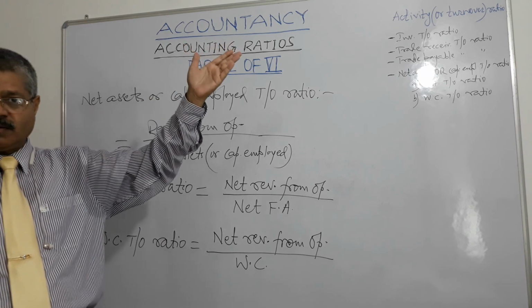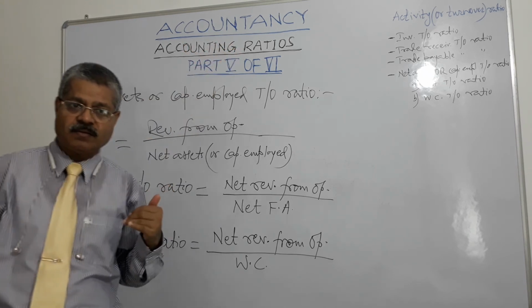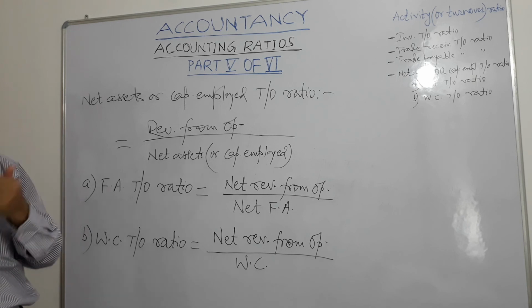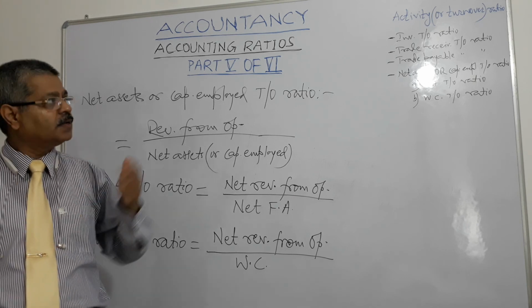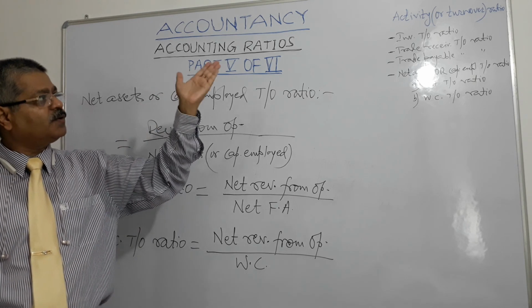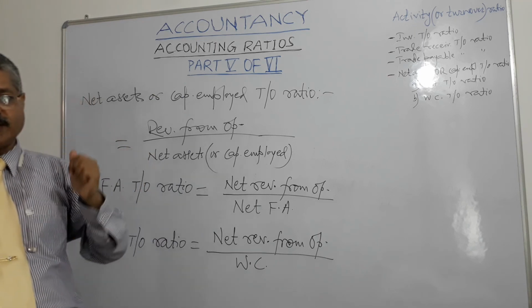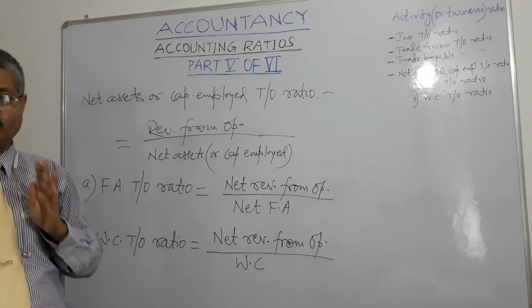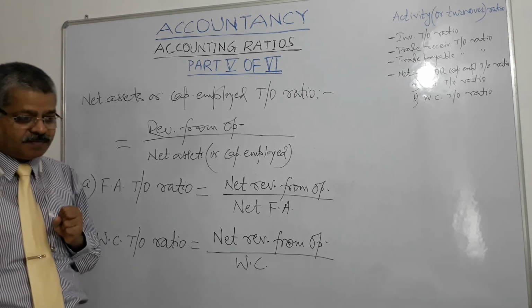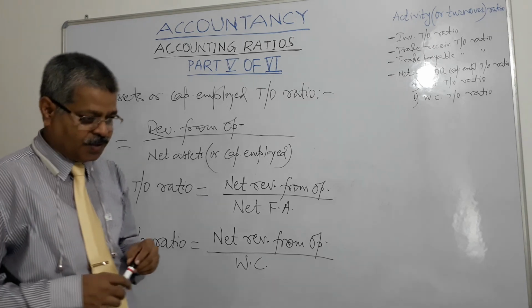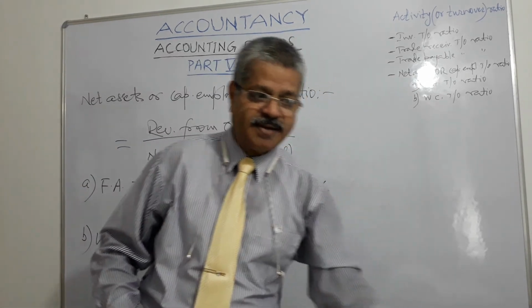Higher ratios mean it is good for the company, good for their liquidity, profitability, efficiency, and lower turnover ratios mean it is not good for the business enterprise, not good for their liquidity, not good for their profitability, right? So I hope you found it easy to understand.